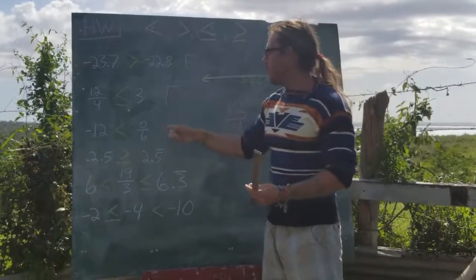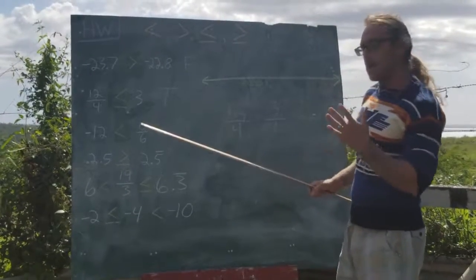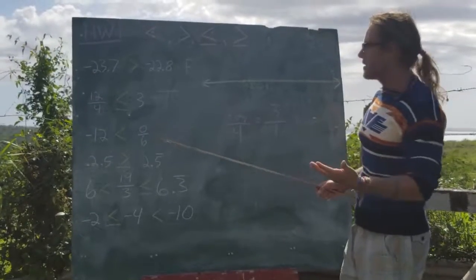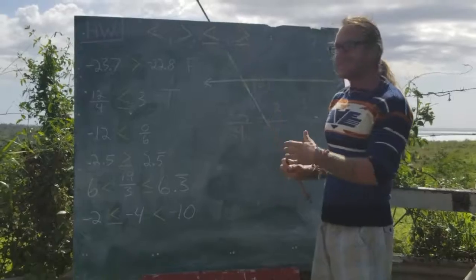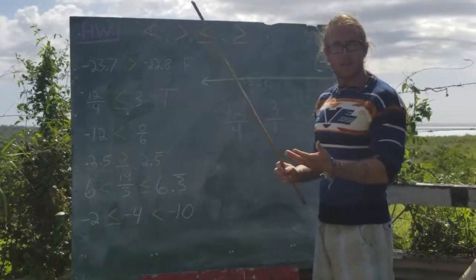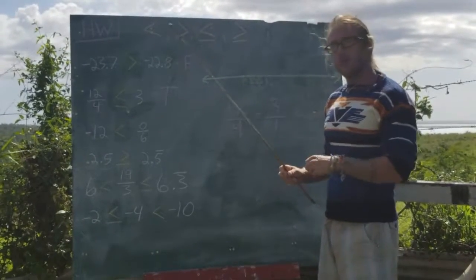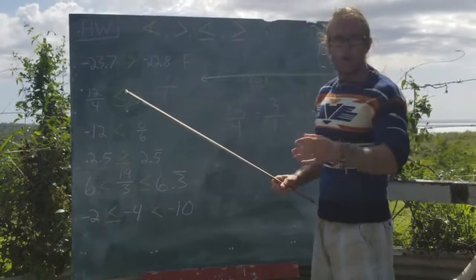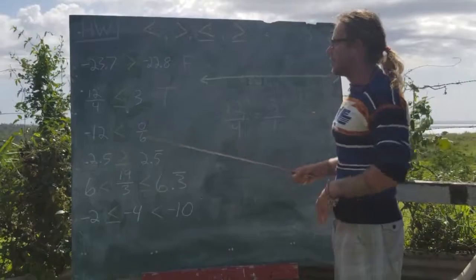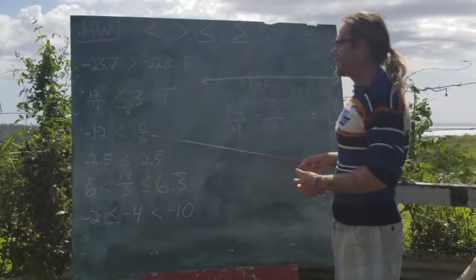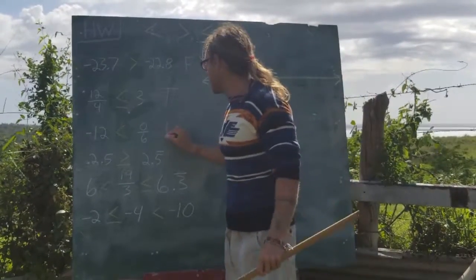So is negative 12 less than 0? Perhaps it's a little counterintuitive because we think of 12 as being larger than 0, but negative 12 is less than 0. If you owe somebody $0, you're square, you're even. If you owe them 12, that's negative. You owe them money, and that is less money in your pocket than having 0. So negative 12 is less than 0. That is a true statement.